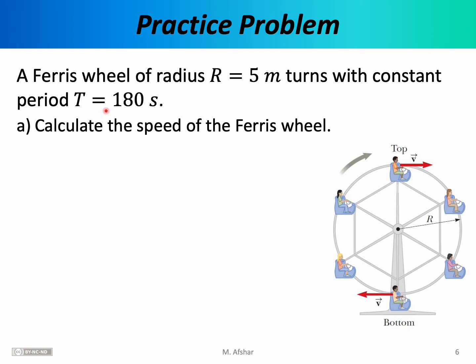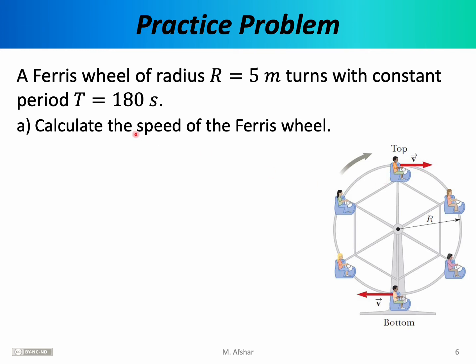The period of rotation refers to the time that it takes to complete one rotation or one complete cycle. So if this passenger is at the top at t equals 0, then 180 seconds later, or 3 minutes later, the passenger is going to return to the top.